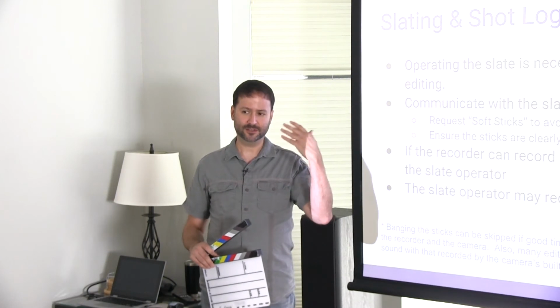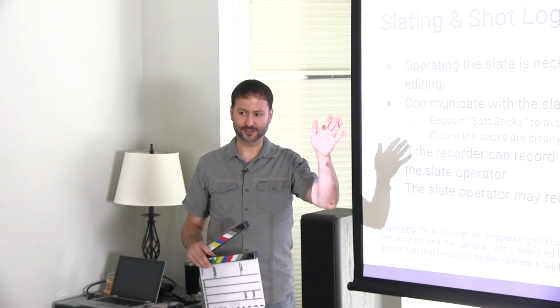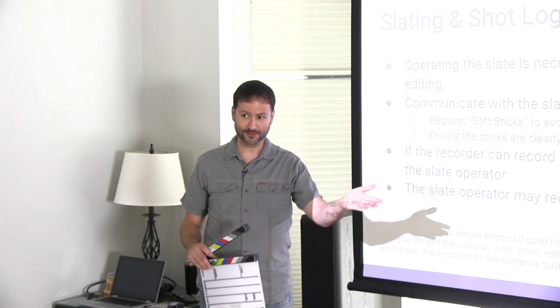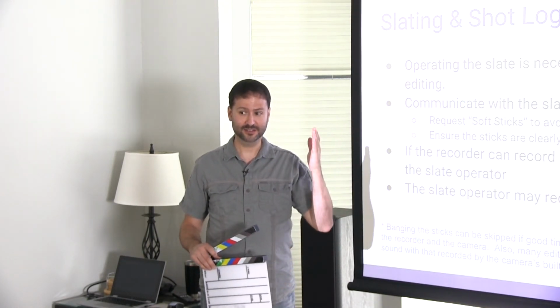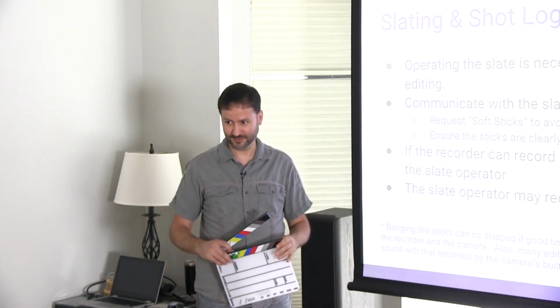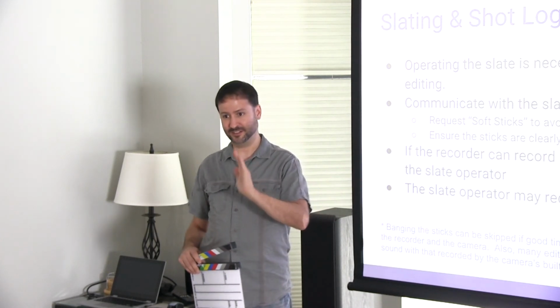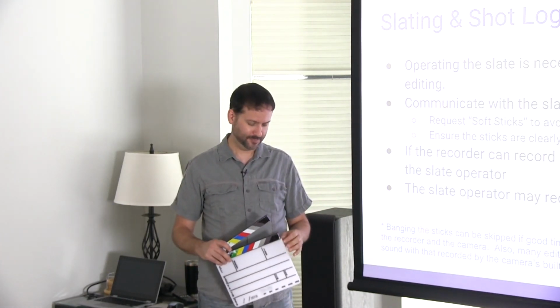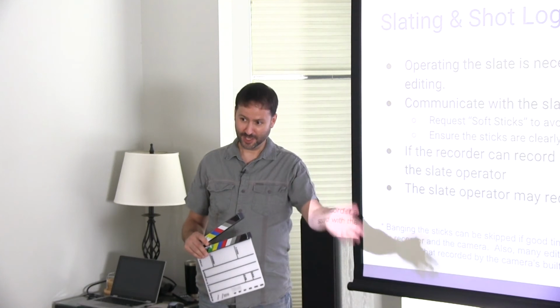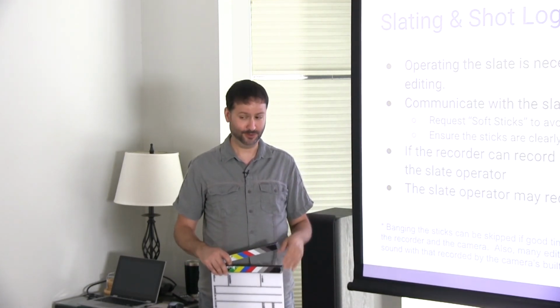So the assistant director calls roll sound and waits for the sound guy to say sound speeding, which a lot of times both of those people will shortcut. He might just say sound and he'll say speed. And then roll camera. The camera operator will say camera speeding or some shorthand.